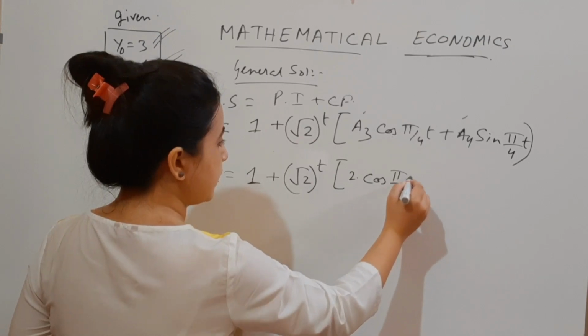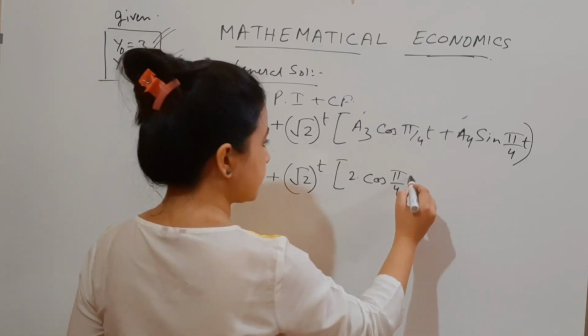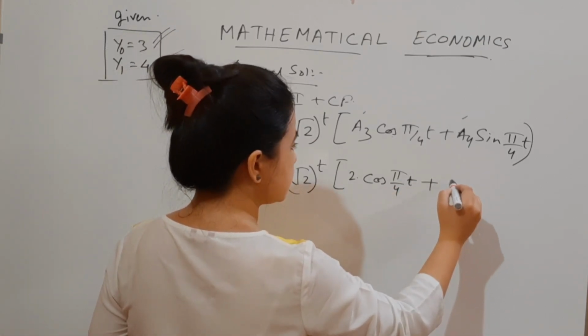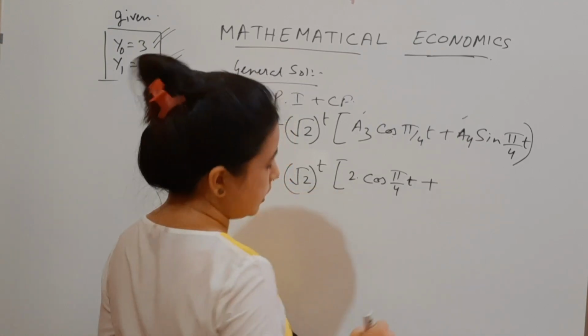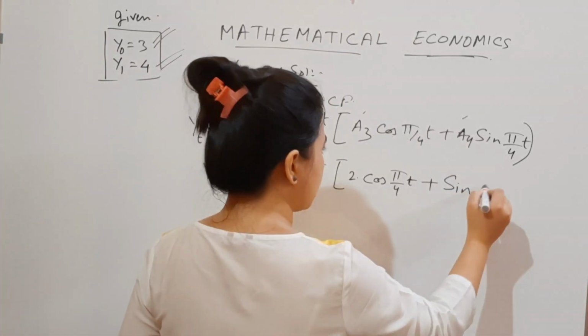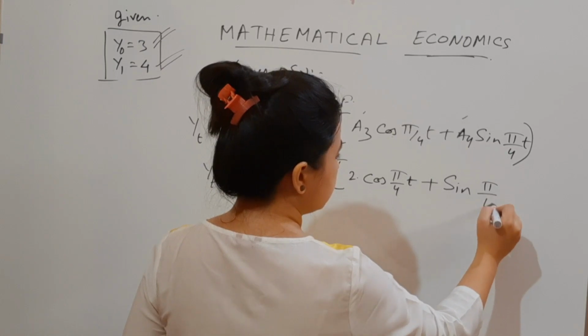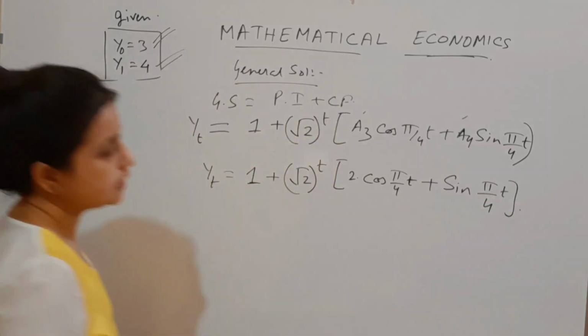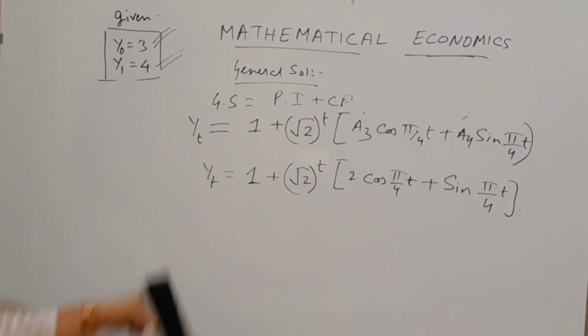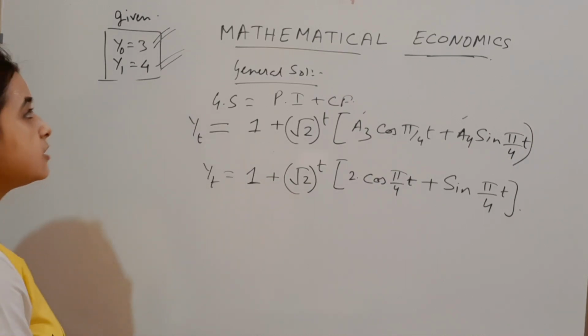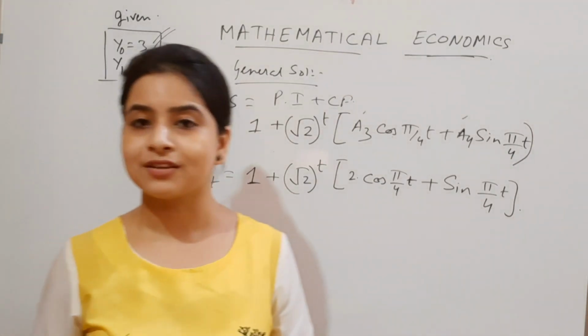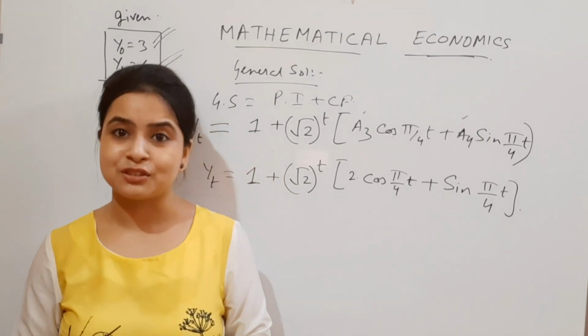Cos pi by 4 into t plus a4's value was 1. So we can write it or not write it, doesn't matter. This is our general solution for a second order difference equation with imaginary roots.